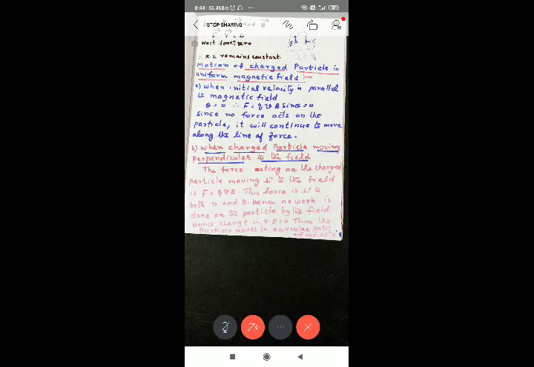That is very important. Even though work done is 0, it experiences a force, and because of that the direction of motion is changed. Kinetic energy is not changing.